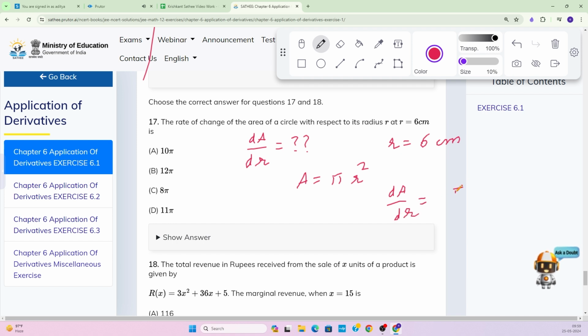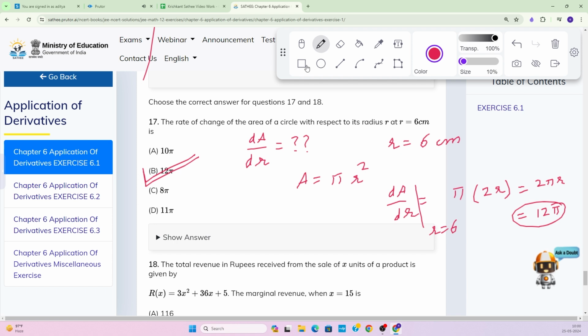It will become pi multiplied with the derivative of r square, which means 2r. This will be 2 pi r, and r is 6. This means at r equals 6, it will be 12 pi. So option B will be the correct answer.